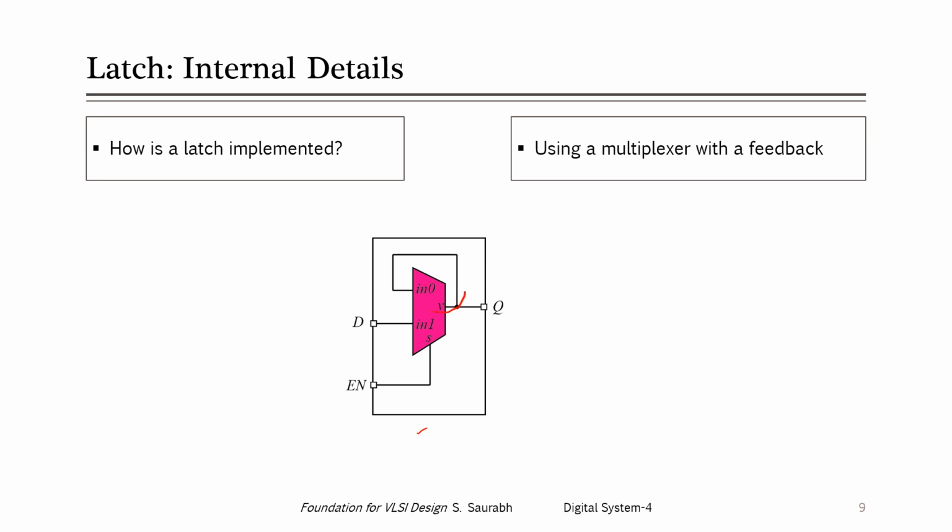So Q is going to the input, and again the input is coming to the Q. It is recirculating the old value, and therefore whatever was the last value will remain at the output, right? So whenever the clock enable is 0, it is simply maintaining the old state, and whenever enable is 1, whatever the value was at the D pin goes to the Q pin. So this is a simple implementation of a latch.